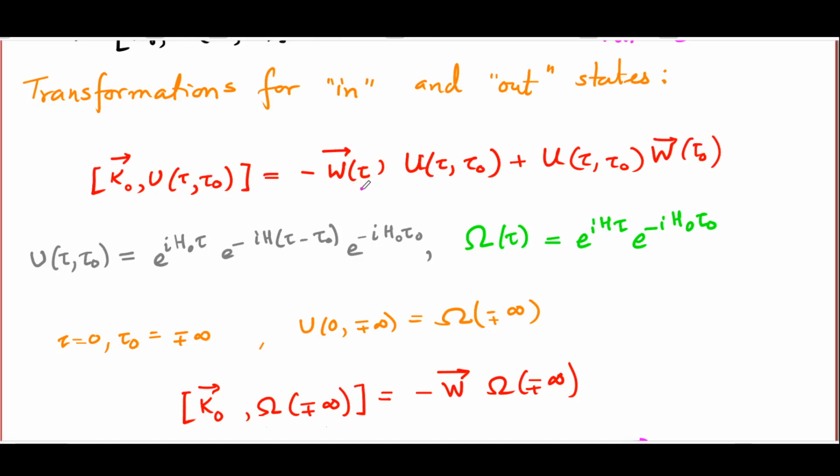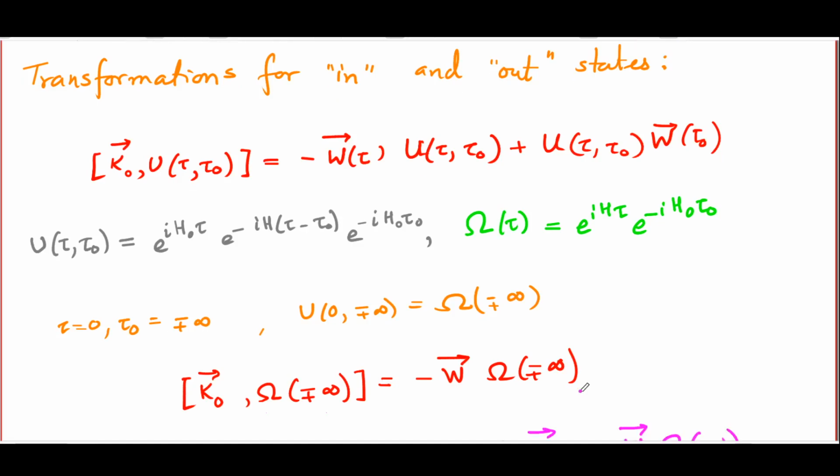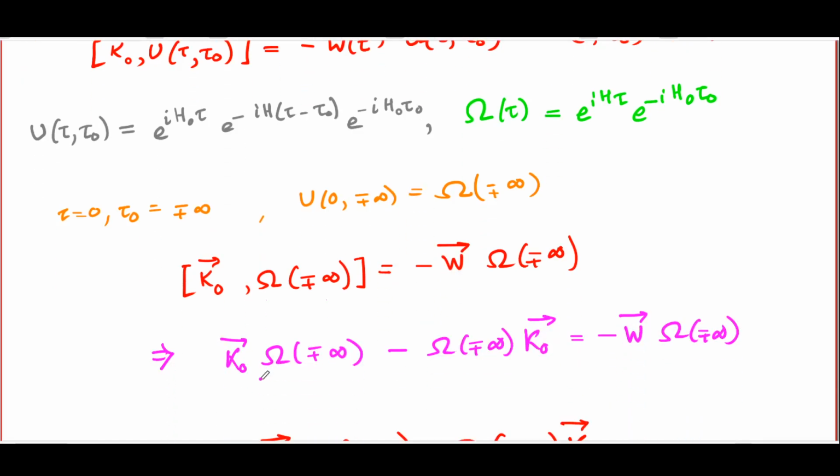So this term goes away. But you also have W at 0. And W at 0 is obviously nothing but W itself. So you get W times U(0, minus plus infinity). So minus W omega(minus plus infinity). And if you expand out the commutator, it simply becomes this.